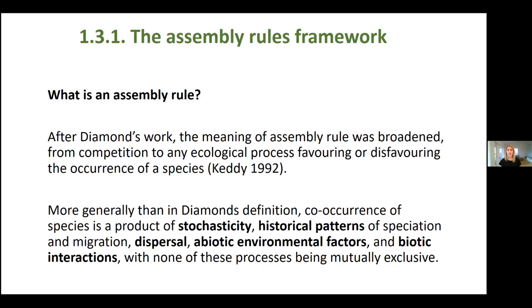And more generally than in Diamond's definition, the occurrence or co-occurrence of species is a product of stochasticity, historical patterns of speciation and migration, dispersal, abiotic environmental factors, and biotic interactions, with none of these processes being mutually exclusive, meaning that all of these processes are working together, shaping ecological communities.